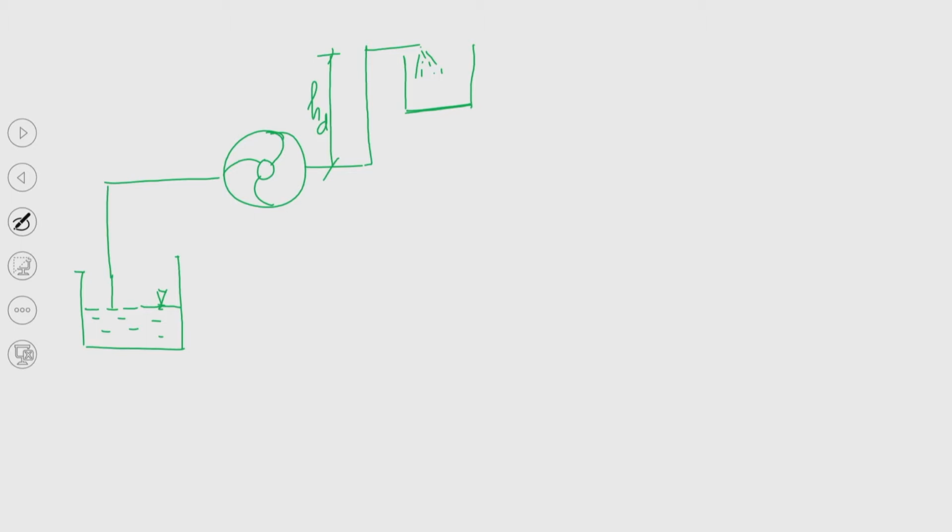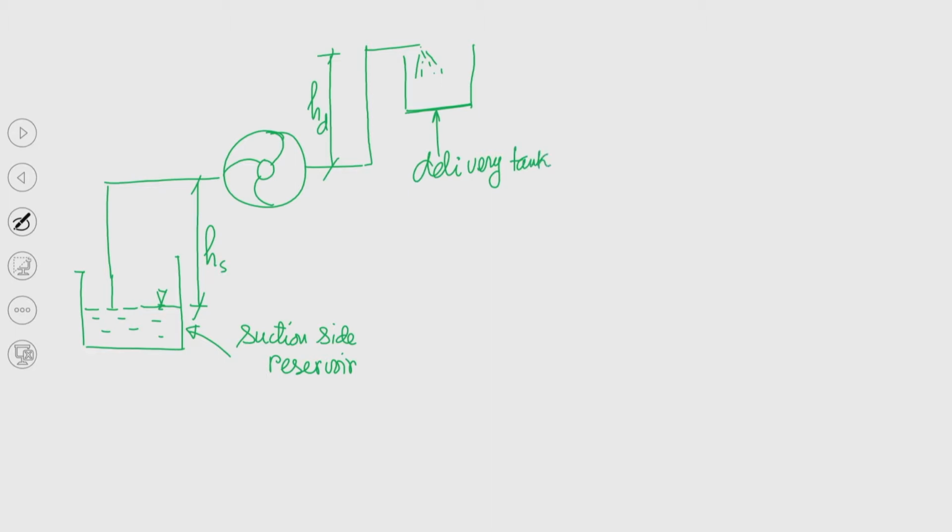And this distance is HS. This is the suction side reservoir, and this is the delivery tank.